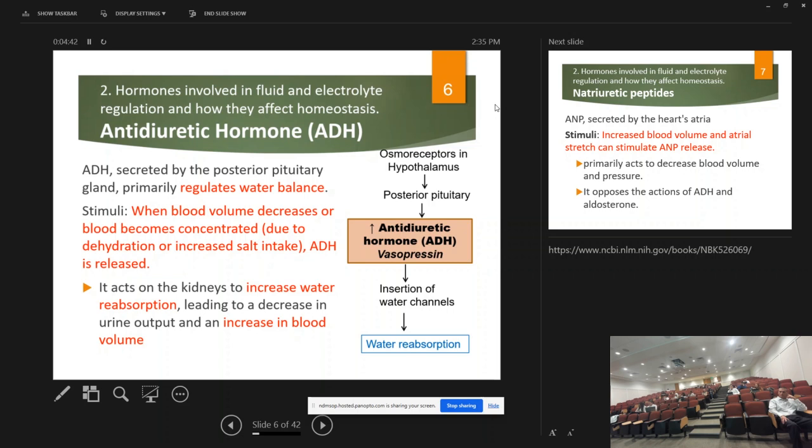They go hand in hand, aldosterone and antidiuretic hormone. There are osmoreceptors in your hypothalamus and posterior pituitary, which get stimulated and increase the production of antidiuretic hormone, which leads to insertion of water channels on the cell, and that leads to increased water absorption. That's in a simplified form. That helps in regaining the blood volume, which was low maybe because of low sodium.